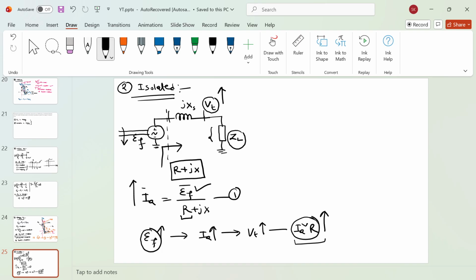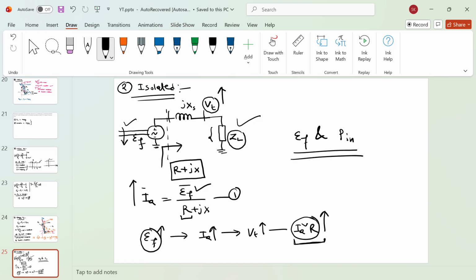From this observation, if you increase EF and you have a constant impedance load, then you have to change your prime mover input as well, because your output power is also increasing. So to fulfill the energy balance condition, you have to vary EF and input power simultaneously. Then only these things can happen.